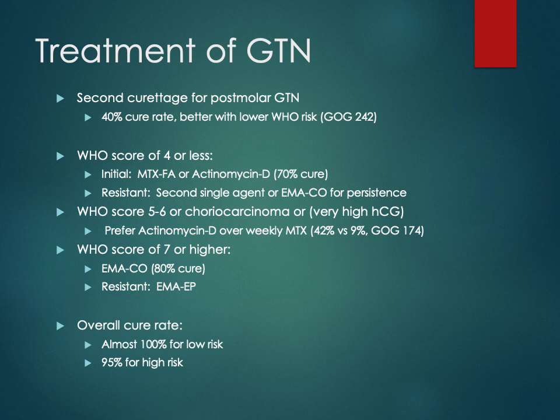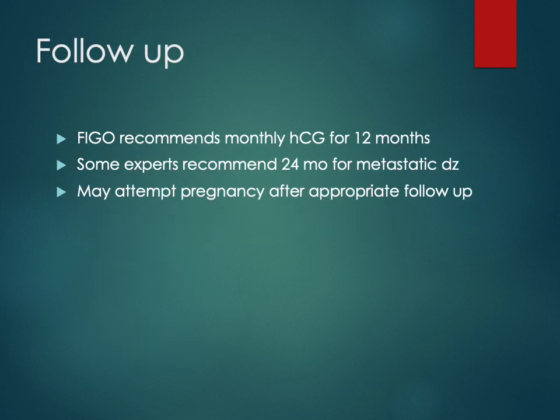But still, even with that high risk, there's still an 80% cure. Overall cure rate, if you take all GTN together, is almost 100% for low risk, and even for your high risk is 95%. Follow-up, so the FIGO recommends monthly HCGs for 12 months, but some experts recommend 24 for metastatic disease. And then some women with appropriate counseling and follow-up are able to get pregnant afterwards.